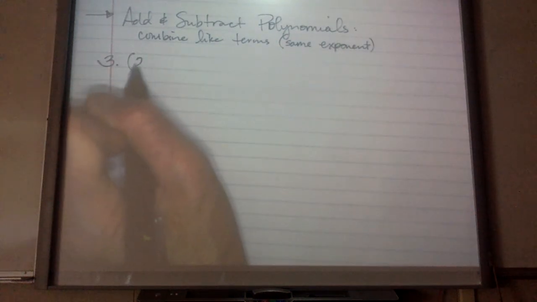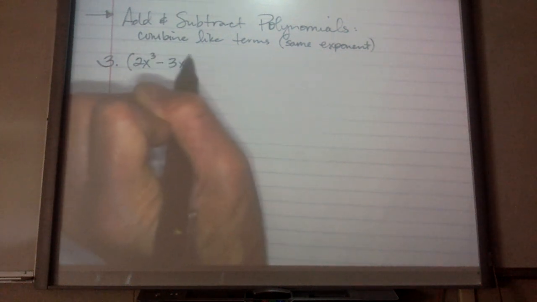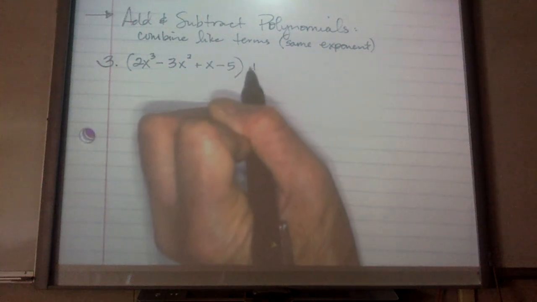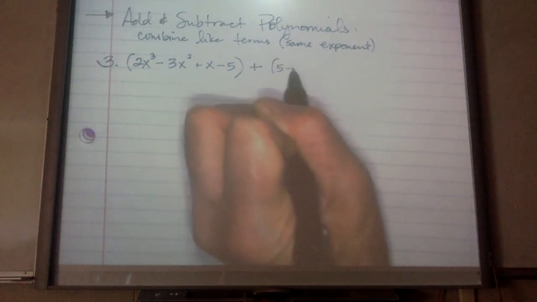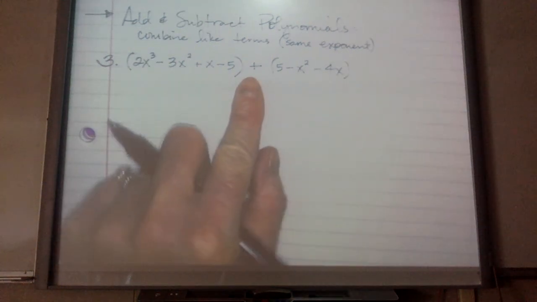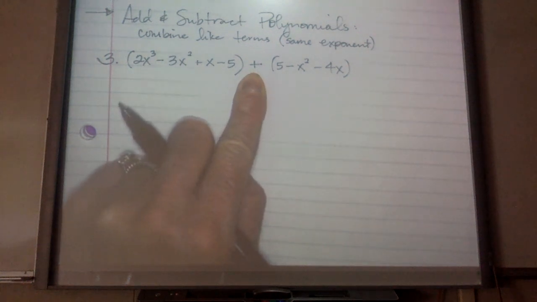So the first polynomial is 2x cubed minus 3x squared plus x minus 5, plus 5 minus x squared minus 4x. So this tells me right here that I'm adding these because there's an addition sign in between.